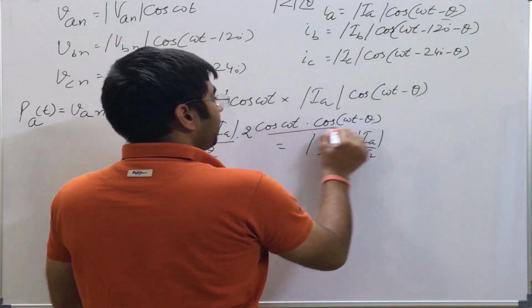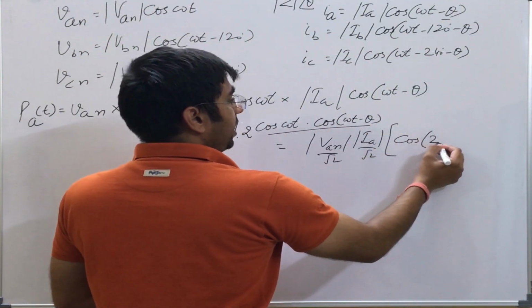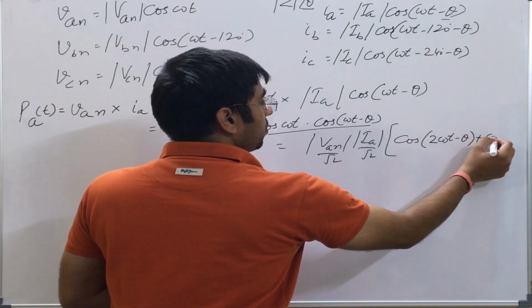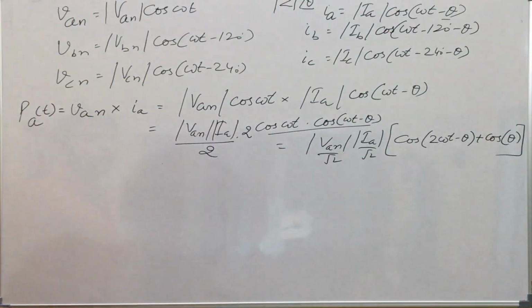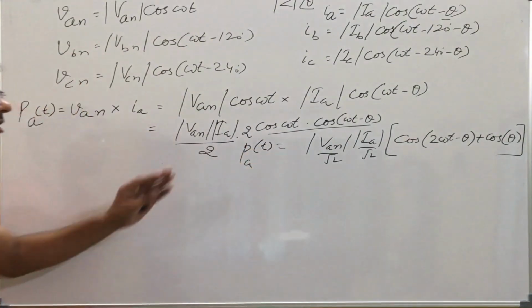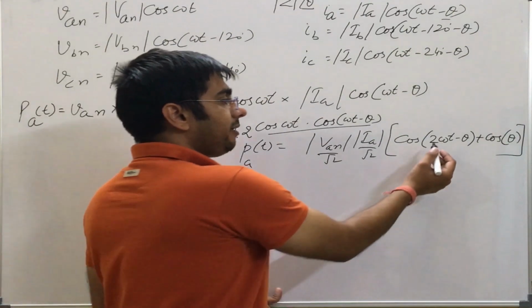And what will it be? Cos(A plus B) plus cos(A minus B). So we see that the power in single phase will be time dependent. It will be pulsating.